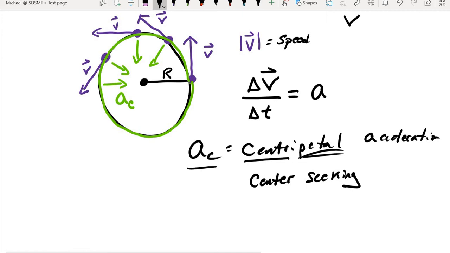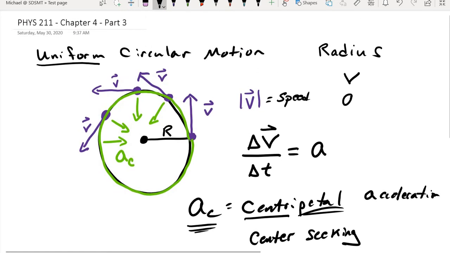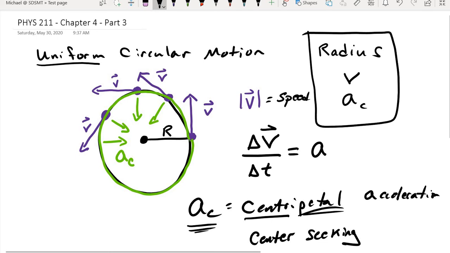And this is also going to be a term that we want to be uniform. So there are three terms here: the radius, the speed, and the acceleration. And we need to see how these three are going to fit together in a mathematical expression.